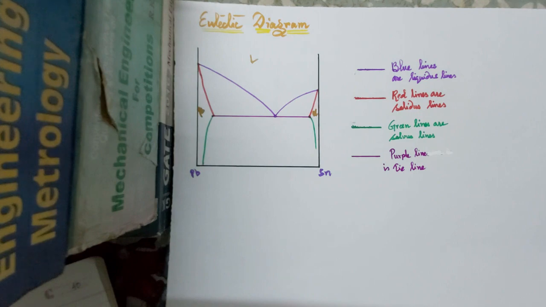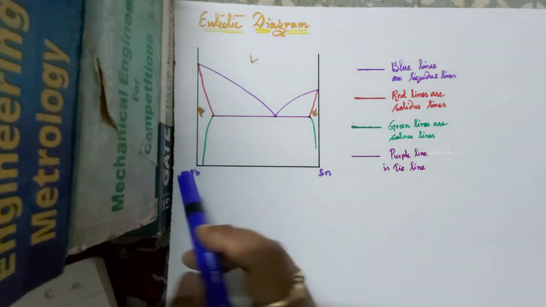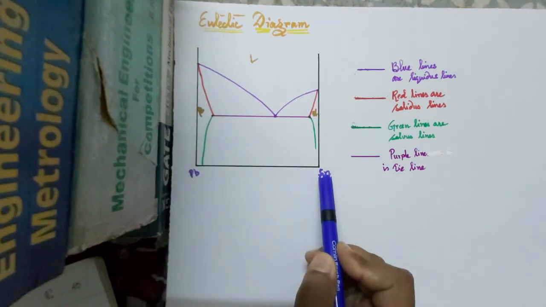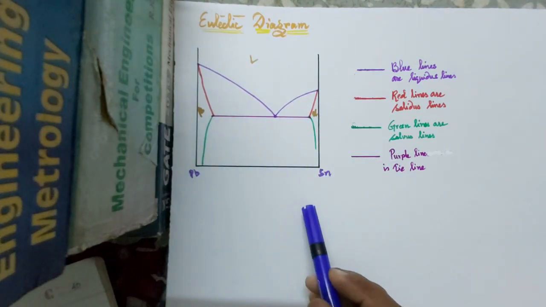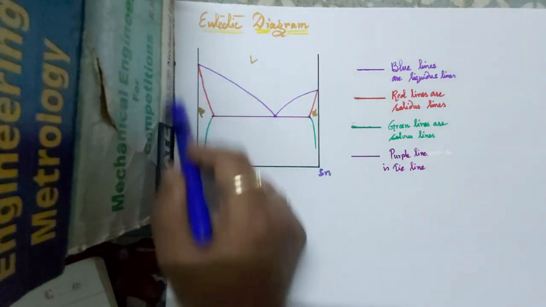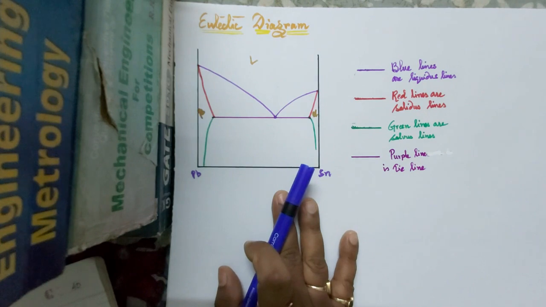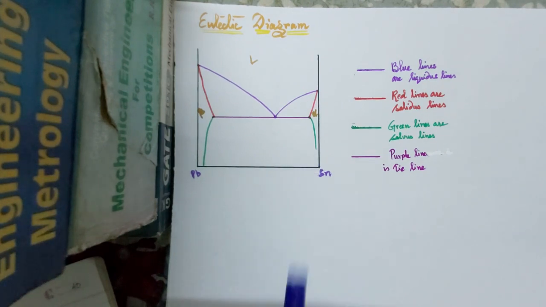Here we have one lead-tin (Pb-Sn) phase diagram, which is a eutectic diagram. This Pb-Sn phase diagram is a eutectic phase diagram, so we shall talk about it. First of all, what is eutectic diagram or eutectic reaction?